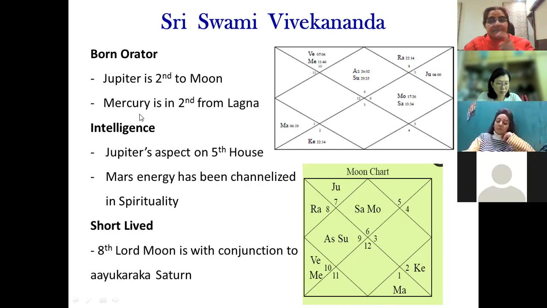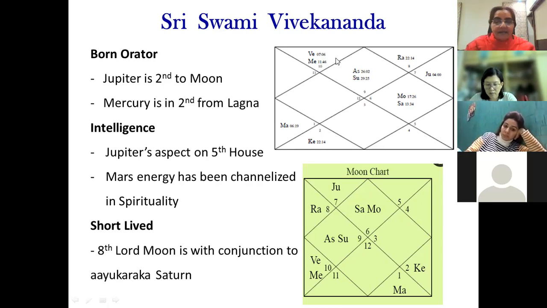Let's say Mercury is in the ninth. Remember, such people are good in speaking. Remember, fourth house Mercury, they know how to speak, what to speak, when to speak. Similarly, when we know the second house is of speech and Mercury is there, Mercury is the planet of communication and speech, so it can give good oratory skills.